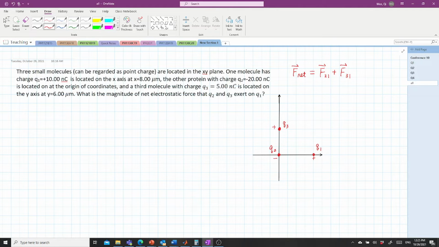We will apply those 5 steps to calculate each of those forces. So the first one is the force that charge Q2 applies on Q1.